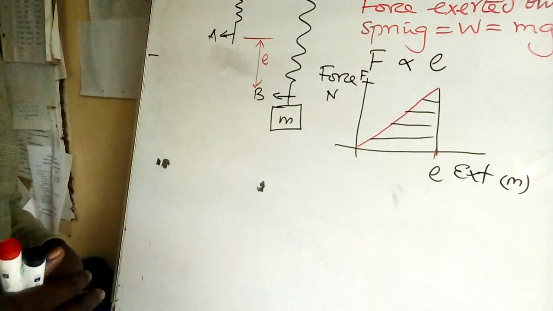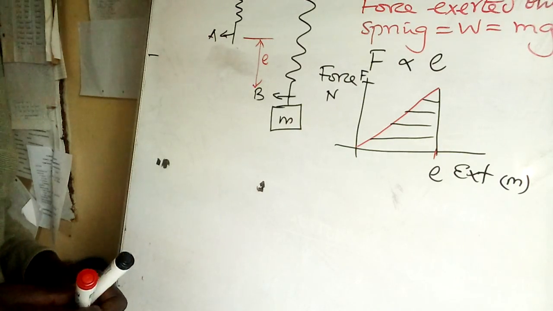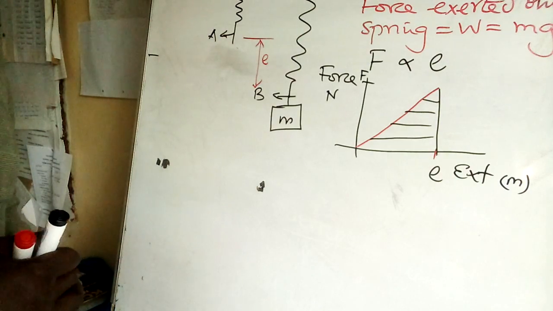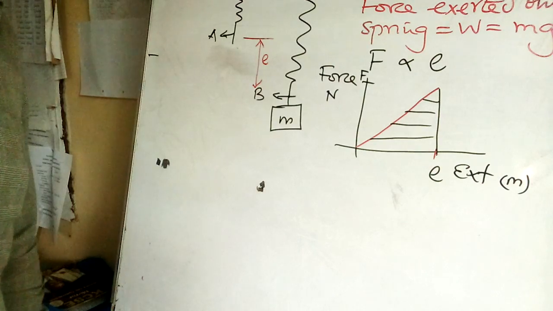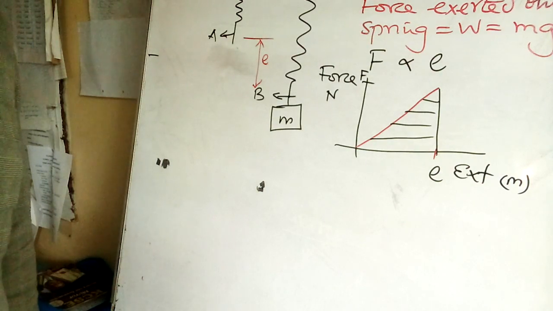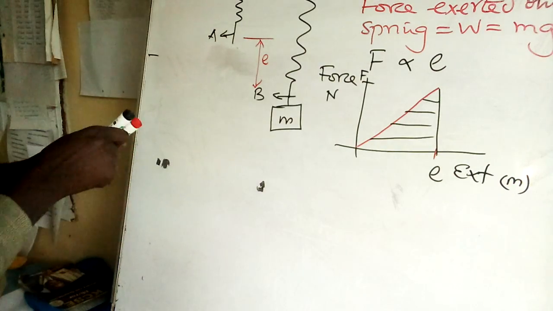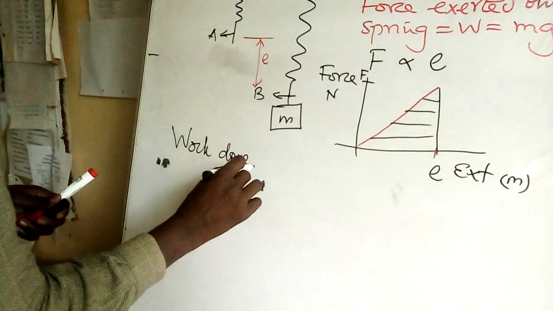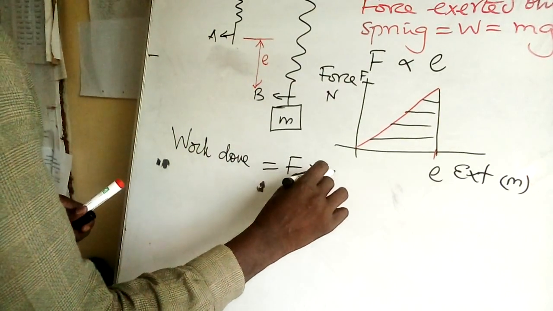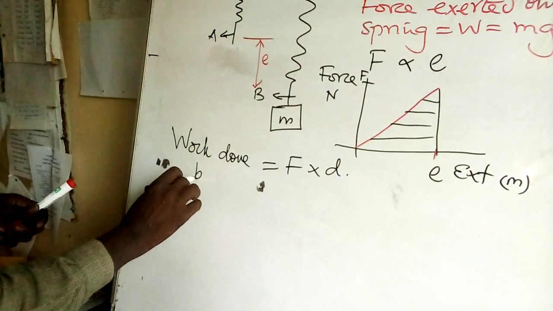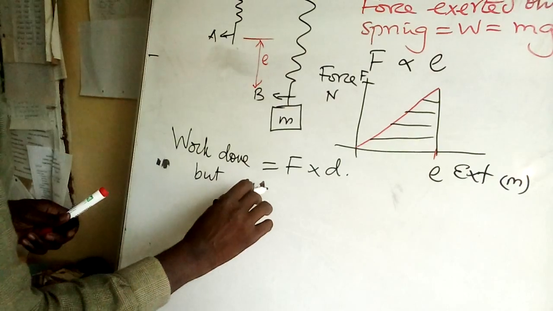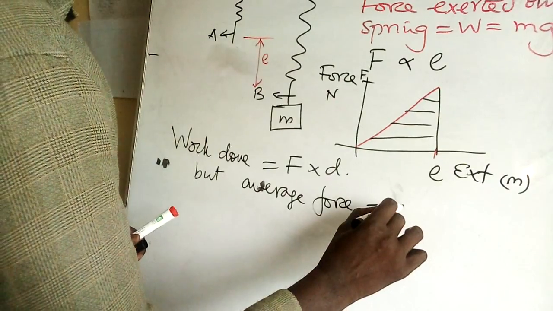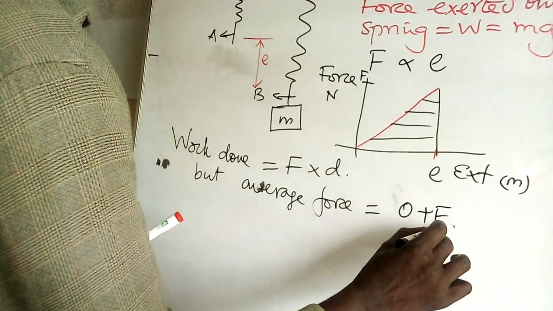The gradient normally gives us spring constant. The gradient gives us spring constant. Okay, that is when we divide vertical quantity over horizontal quantity. But if I wanted to calculate the work done on the spring, it will be force times distance. But we take average force, which is equal to 0 plus F over 2.